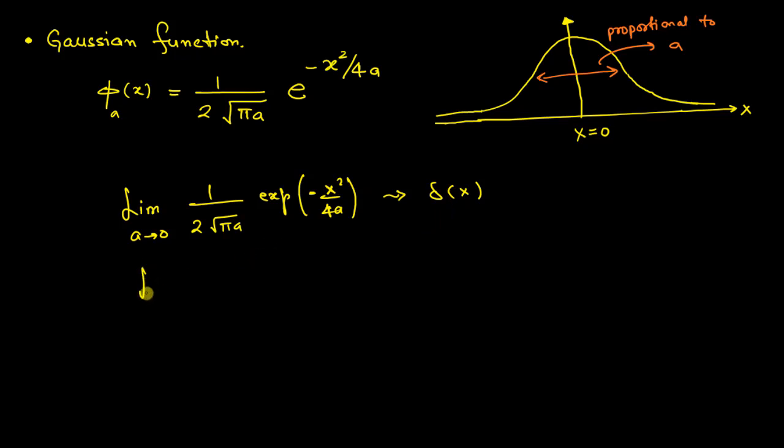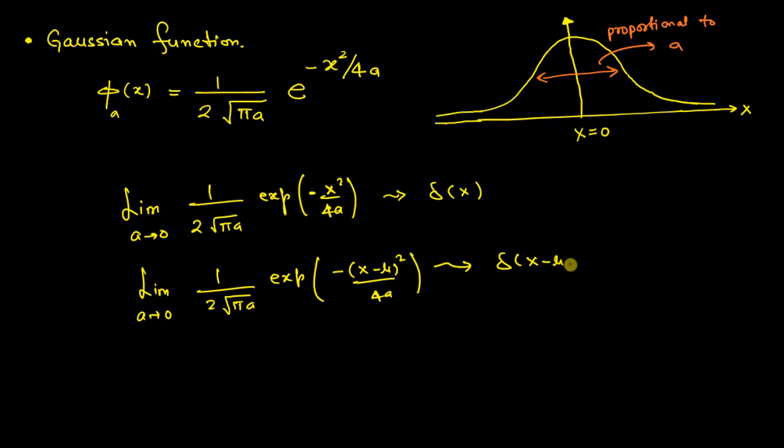If I write, as a goes to 0, 1 by 2 under root pi a, exponential of minus (x minus mu) whole square by 4a, then this function will tend to delta of (x minus mu). It means that this Gaussian function will have a peak at the position mu, in this particular limit.